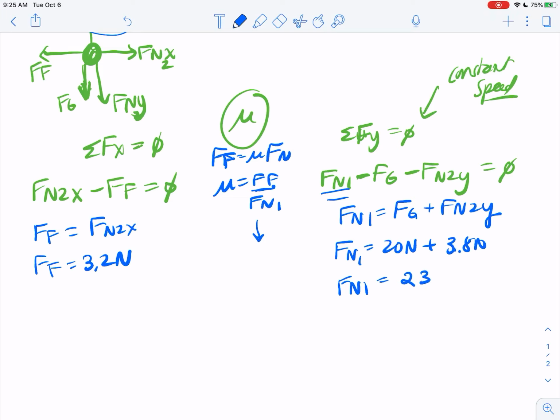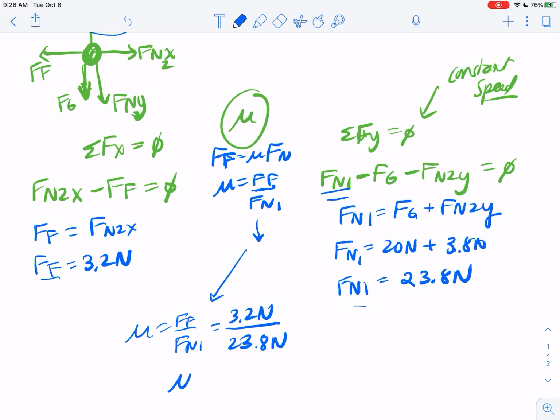So that's 23.8 newtons. So now I know both of these. Now I can come down here. Mu is the force of friction over the normal force, 3.2 newtons divided by 23.8, and I get 0.13, which seems like a very reasonable amount.